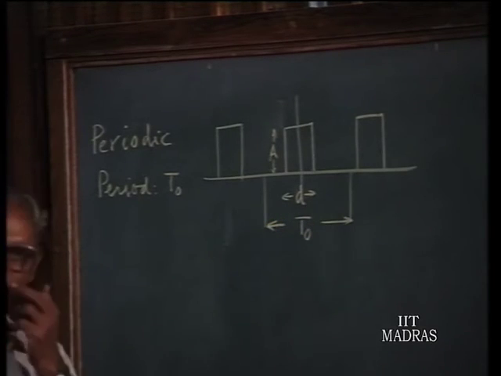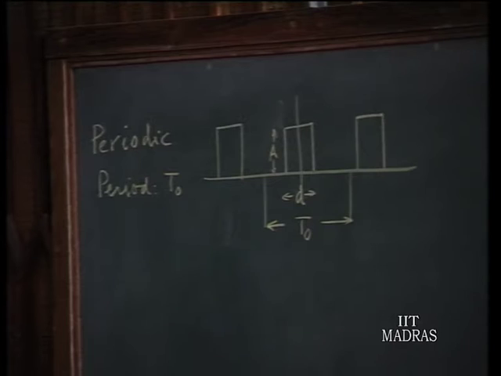So, we have a periodic pulse train of amplitude A and pulse duration d, and the periodicity being T naught.